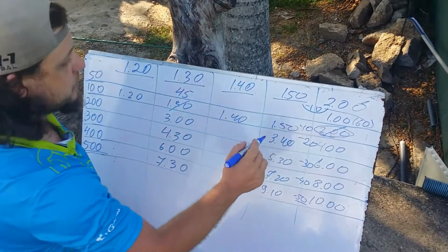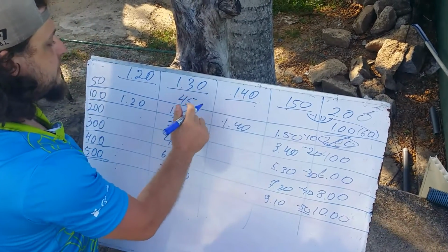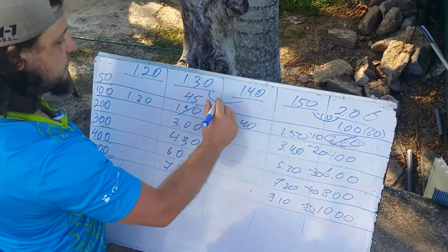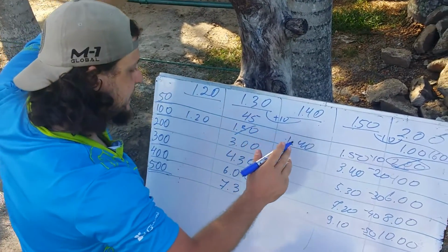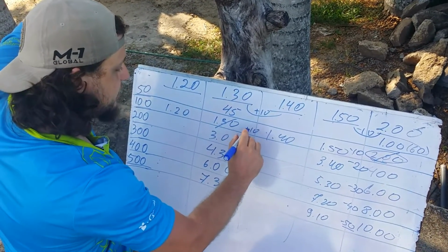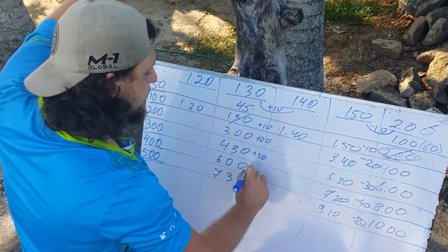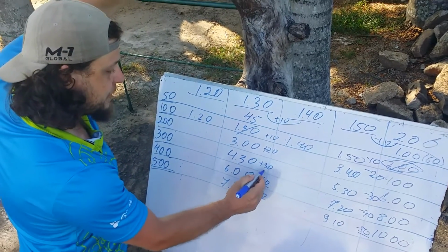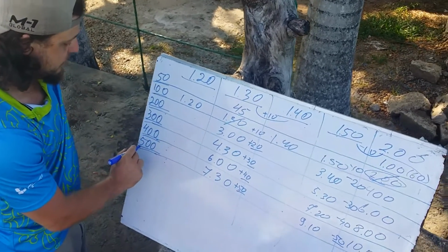Now you will try to do the same thing with the 150 and the 140. I would say don't do that. Try to go with this: the 130 interval you have, and the 140. This is plus 10 seconds. If the 130 and the 140 have a 10 seconds difference, then plus 10 over here, plus 20, plus 30, plus 40, plus 50, because 200s, 300s, 400, and the 500.